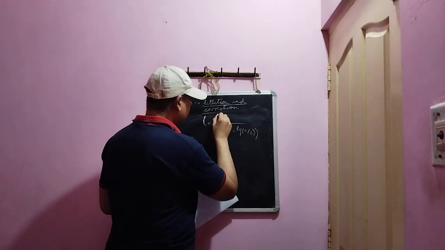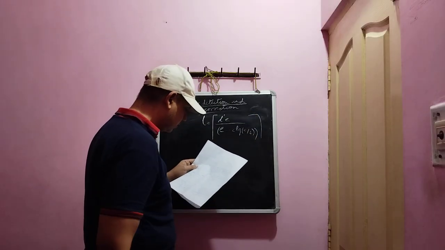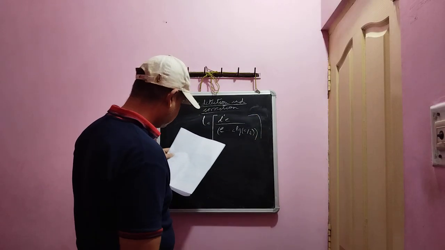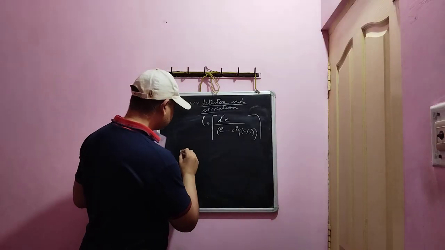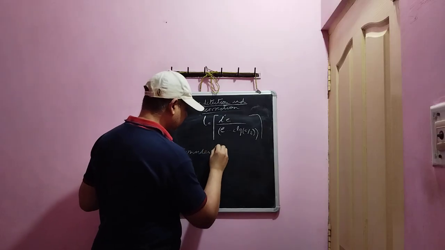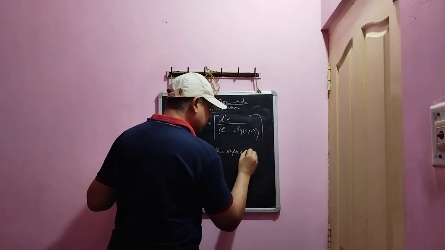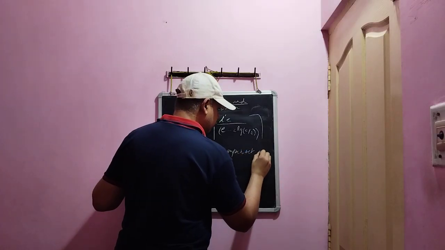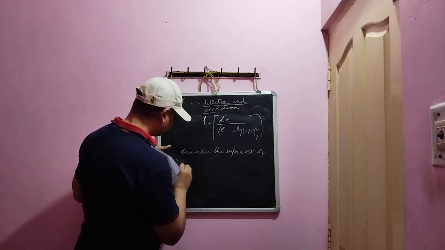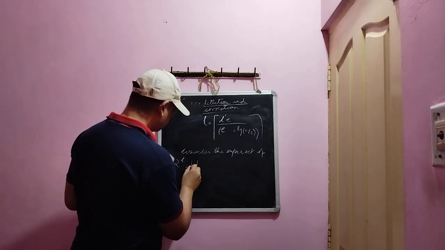We assume this as a tentative initial value of L. Consider the superset of 2 power L elements, which is equal to, say, U.